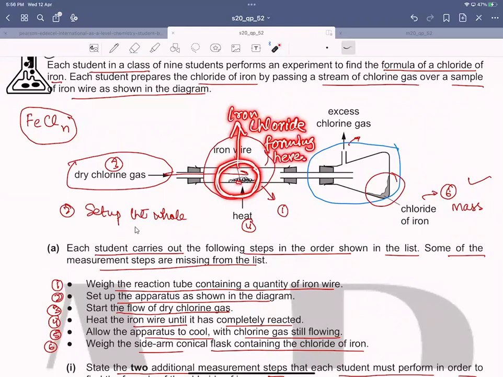When this iron chloride forms, it also travels with the chlorine gas over here, and the one which is deposited over here we are able to take the mass of. As the chlorine gas is leaving from here, there is a possibility that particles of iron chloride can also leave from this place. Is this understandable? Yes. If anyone has any doubt, kindly ask.